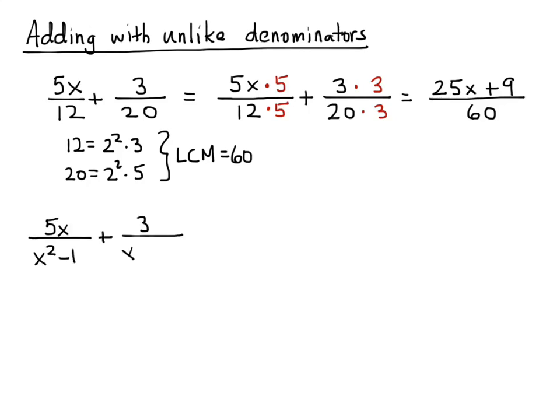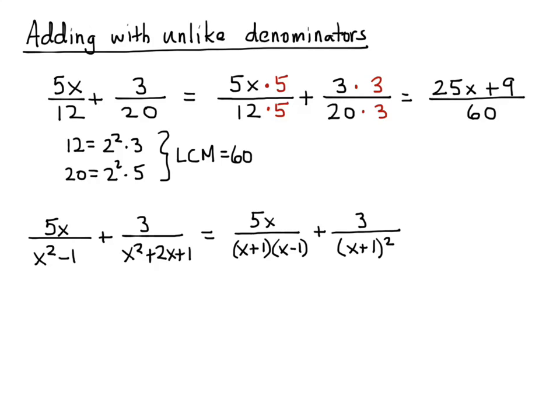Okay, so let's try one with a polynomial now. We have 5x over x squared minus 1 plus 3 over x squared plus 2x plus 1. I'm going to factor that x squared minus 1 to x plus 1 times x minus 1, and I'm going to factor that x squared plus 2x plus 1 to be x plus 1 squared.